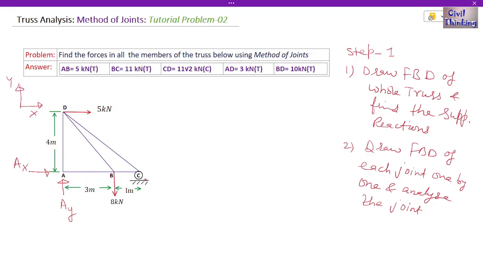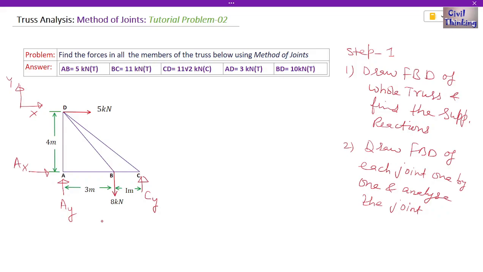Now at C we have a roller, and at a roller we only have one reaction, so this is CY. These directions, AY and CY, are upwards, and AX is towards the right. They are only assumed directions. After solving for the support reactions, if we get a positive value, that means our assumption was right.